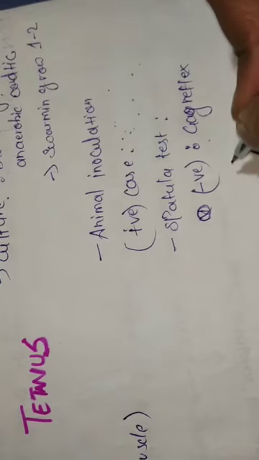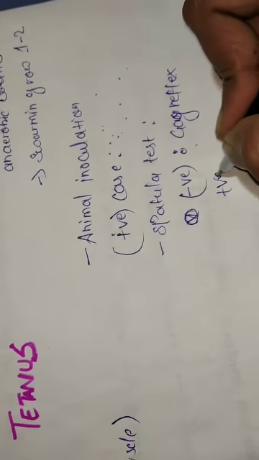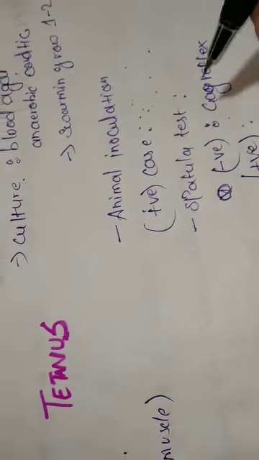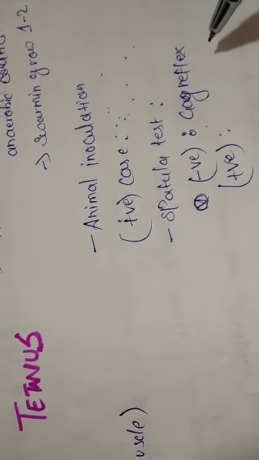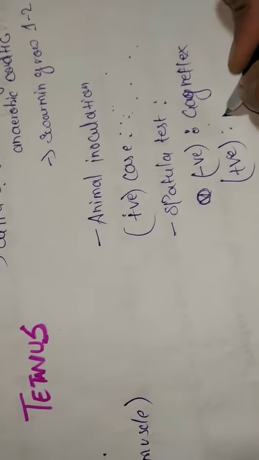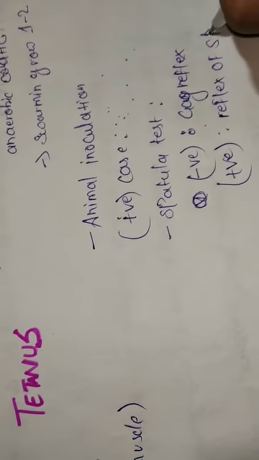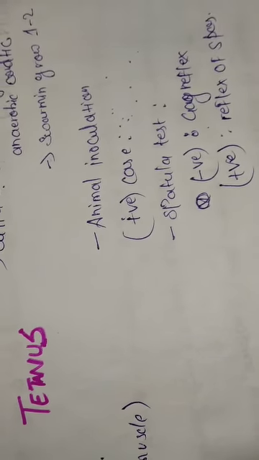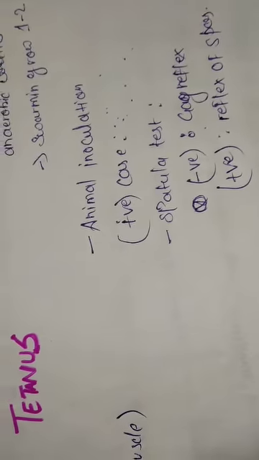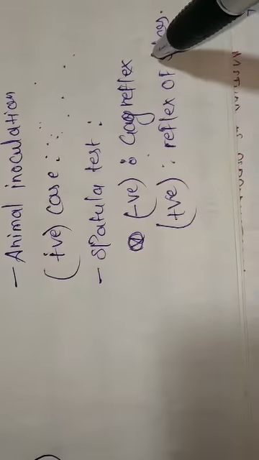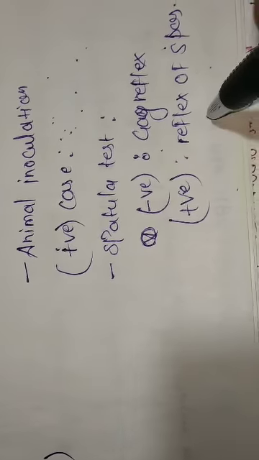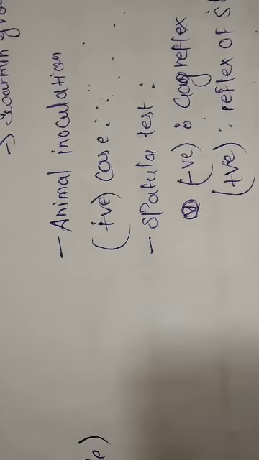But if a person is positive, meaning the person has tetanus, the patient develops a reflex spasm of the masseter and bites the spatula. One who does not have this will show the gag reflex, but a person who has it will bite the spatula.